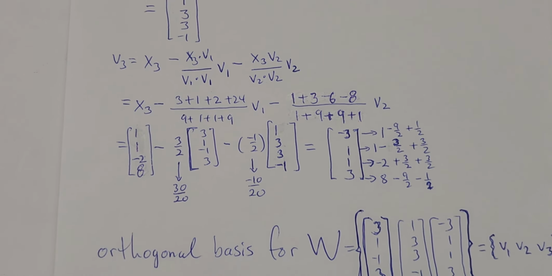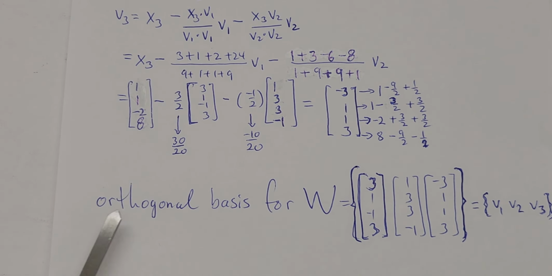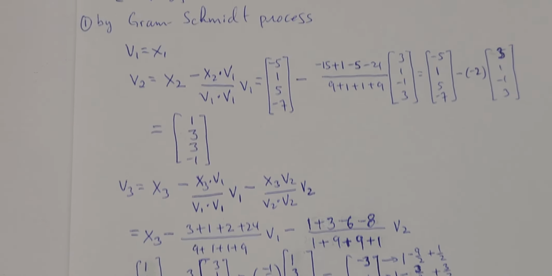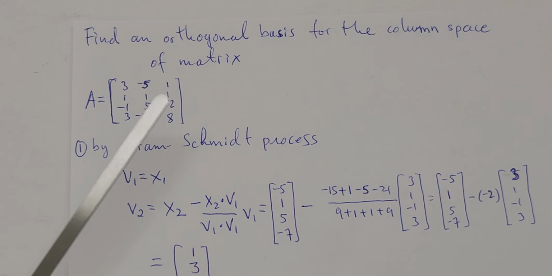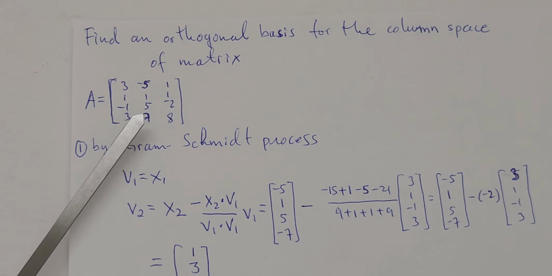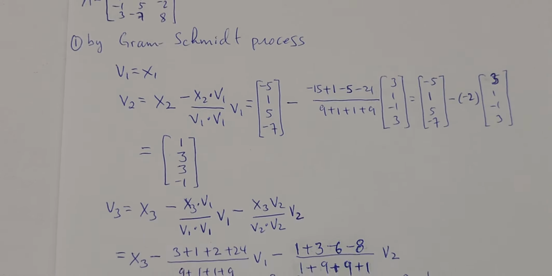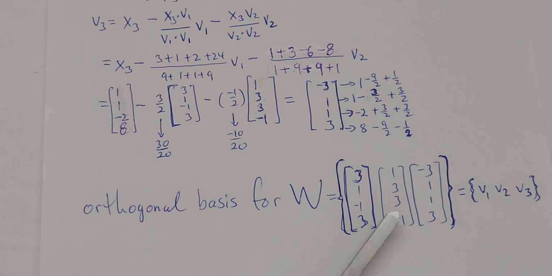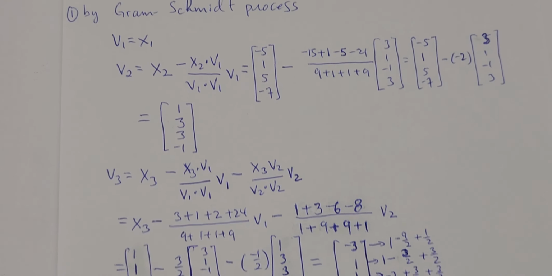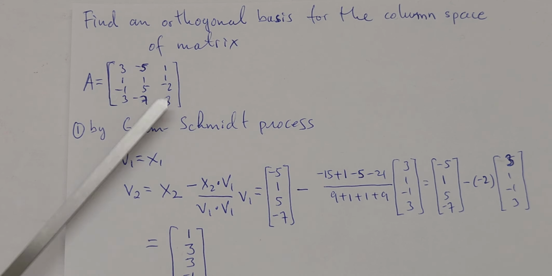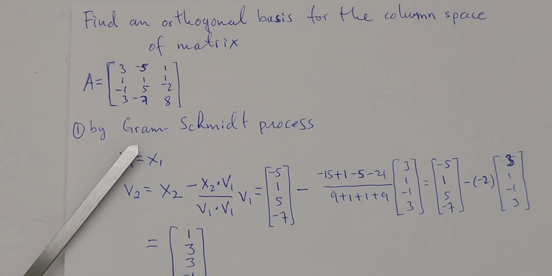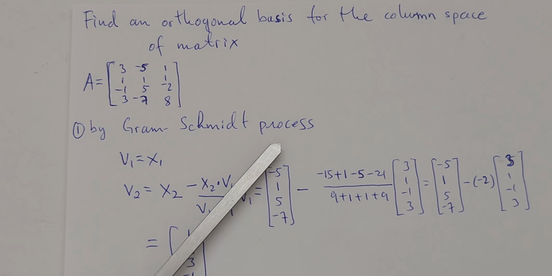So in general, our orthogonal basis is this, which is for the column space of matrix A. Okay, so again, this is the solution of the orthogonal basis to this matrix using Gram-Schmidt process.